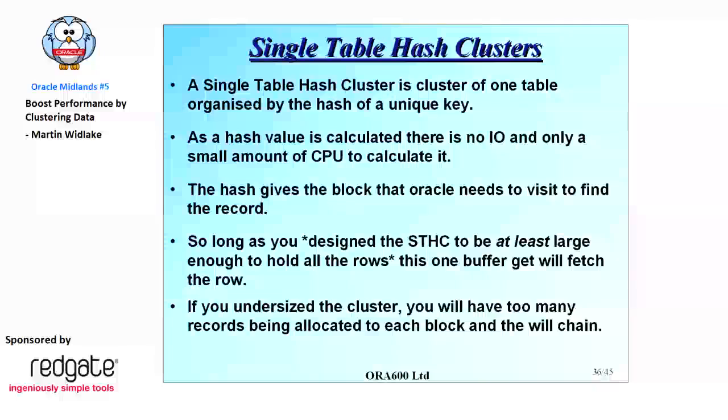You can retrofit it. You can replace a table with a single table hash cluster later on when you've got the information, but then you have to have budget in your post application modification budget. Okay? If you undersize the cluster, it goes bad on you.